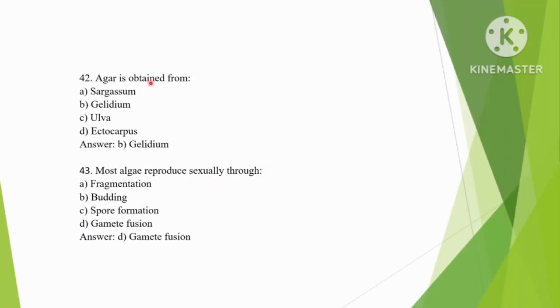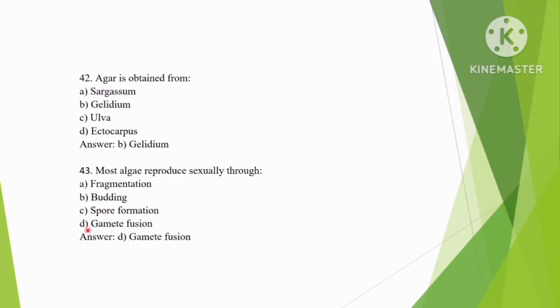Agar is obtained from option B, Gelidium. It is a gel-forming polysaccharide extracted from red algae, Gelidium and Gracilaria. Gracilaria is also a source of agar.